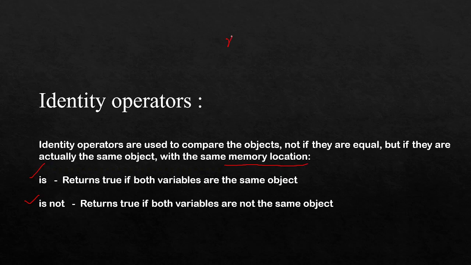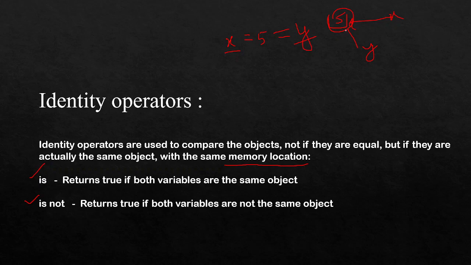So if I take two variables or two identifiers, say x and y. If x and y, both identifiers share the same memory location, then suppose this is a memory location which is referred by x as well, which is referred by y as well.